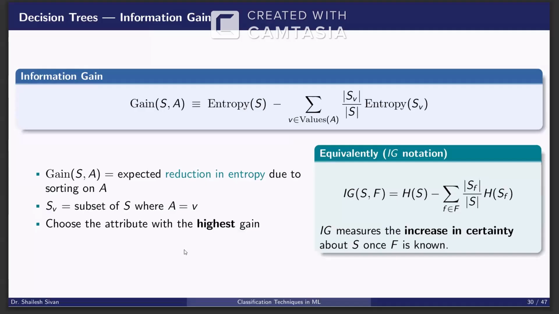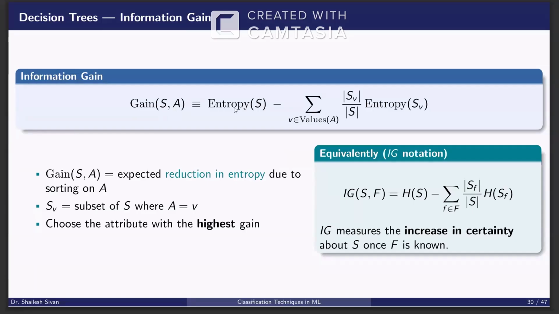So what we usually do is compute the gain of a particular attribute. We have a target data set, and we are considering a particular attribute.